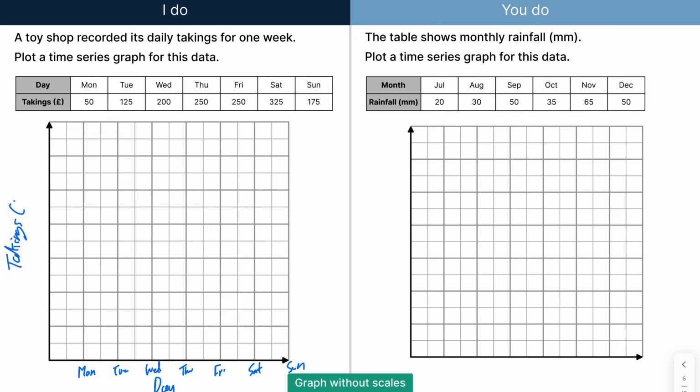We've got takings in pounds. What you've got to look at is the smallest number and the largest number, and then ask yourself, what's the best scale you can work up in? If I go up in 50s, that will be 50, 100, 150, 200, 250, 300. Yeah, that works, so you can just go up in 50. In this case, we can actually start at 0. But like I said, it doesn't always make sense to start at 0 with a time series.